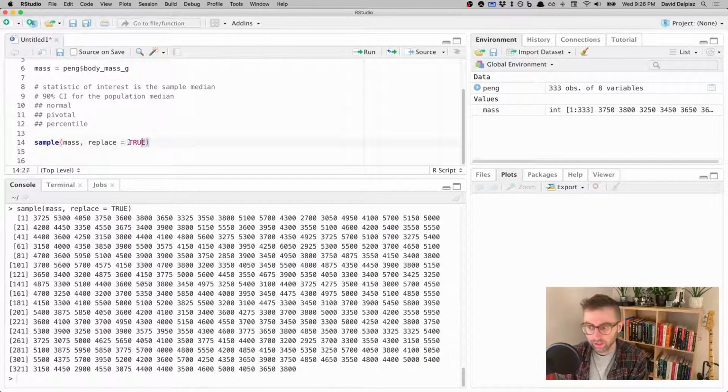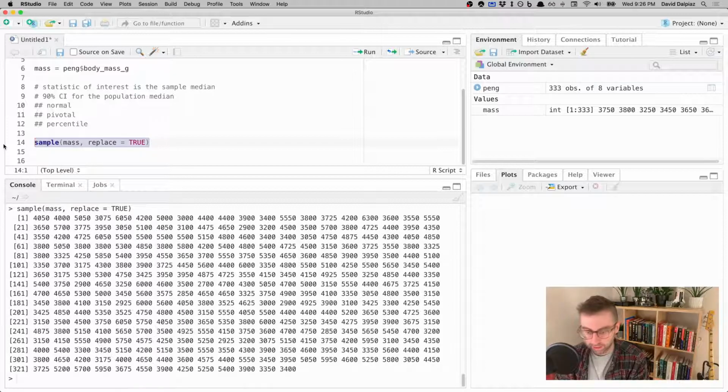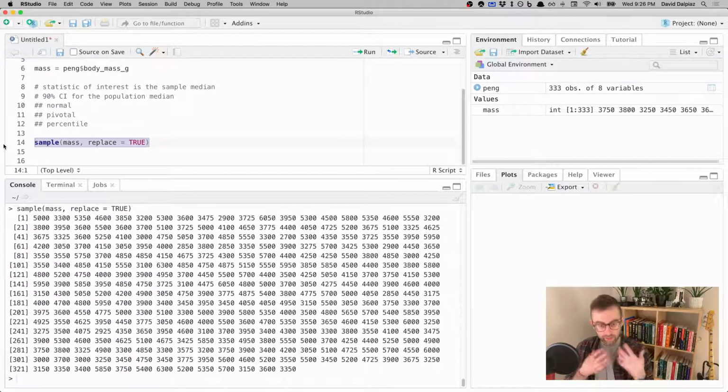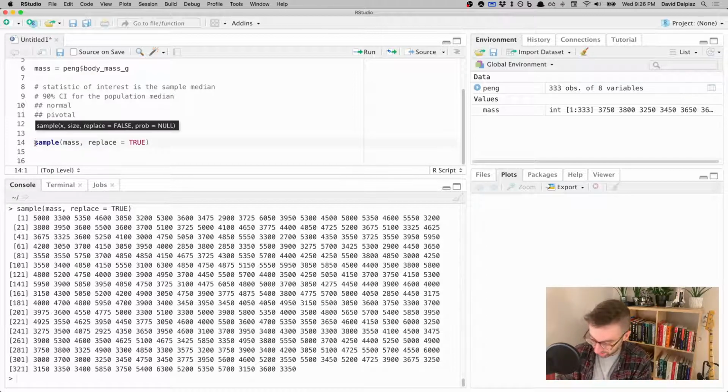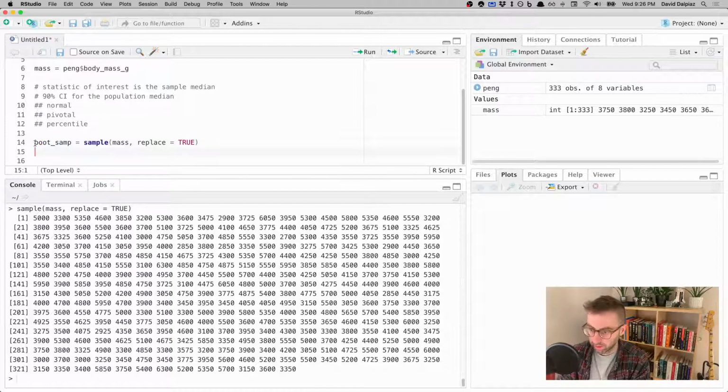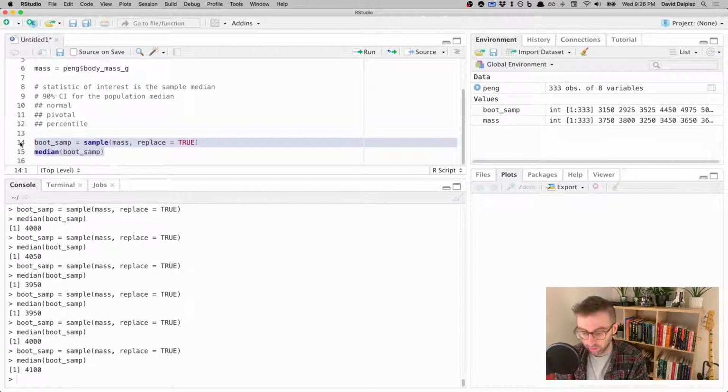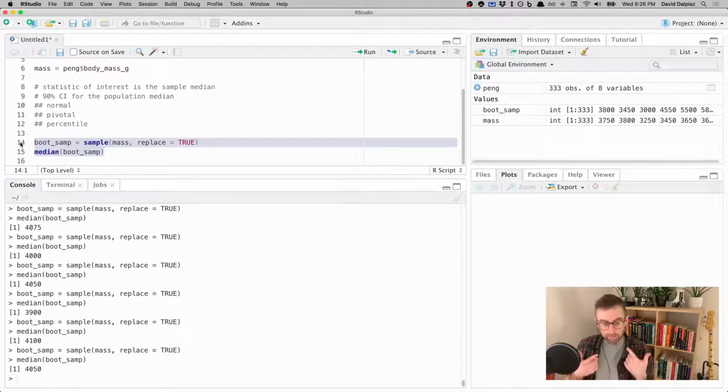Okay, so essentially if I keep doing this, each time I do that, that's creating a Bootstrap resample. So I'll call this a boot sam. And then I want to calculate the median on that sample. So if I repeatedly run this code, those are generating Bootstrap replicates.